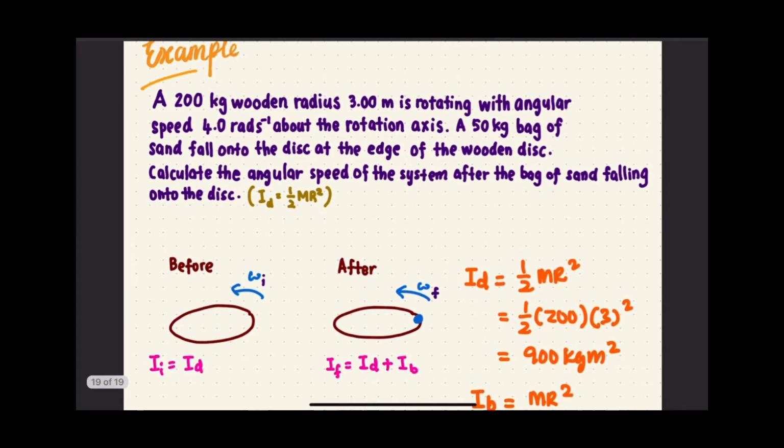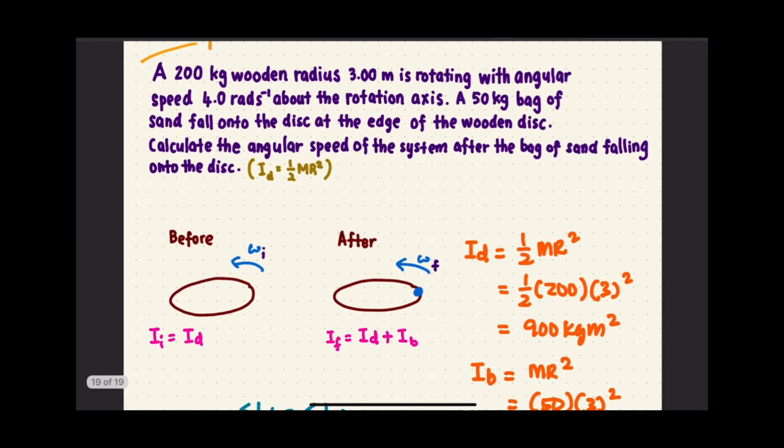Okay, so ni adalah contoh lah. Kita ada 200 kg wooden disc, radius 3 meter, is rotating with angular speed of 4 radian per second. Maksudnya kat sini, dia punya omega adalah 4 rad s⁻¹. So 200 kg wooden ni adalah benda bulat yang rotate ni lah, about the rotation axis.